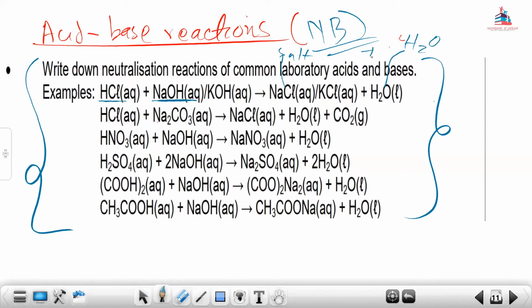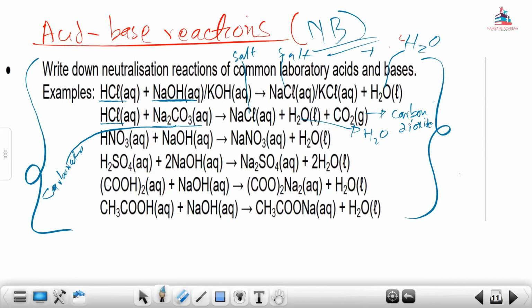If I am working with an acid, but it reacts with a carbonate, let's say here it's a carbonate, it will give me now the salt, it will give me now the water. It will also give me carbon dioxide in a form of a gas. So these are key because you are going to be expected and asked to complete this type of reaction.